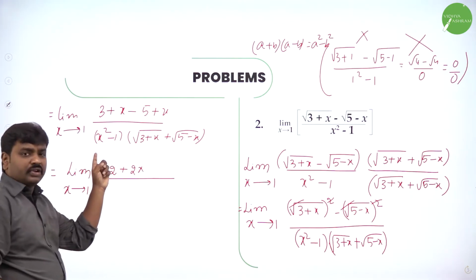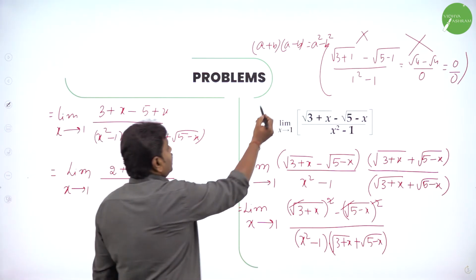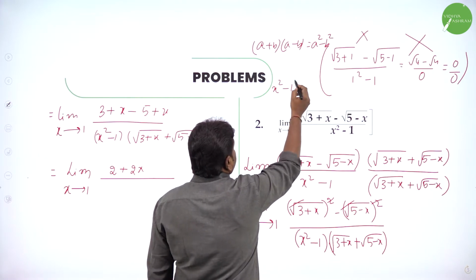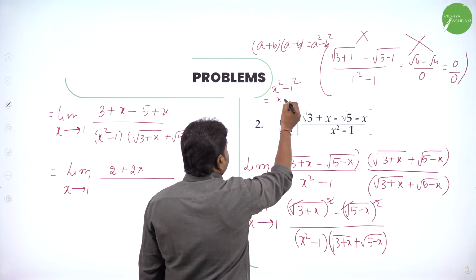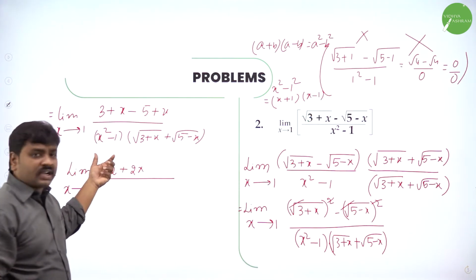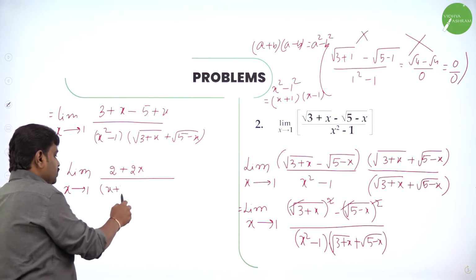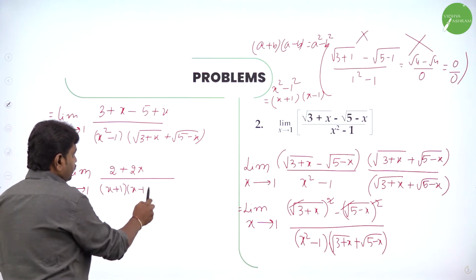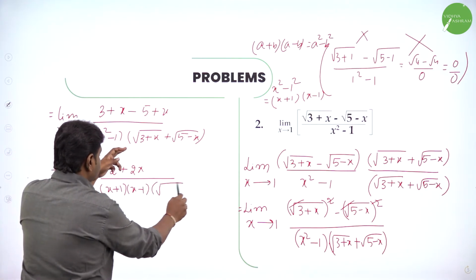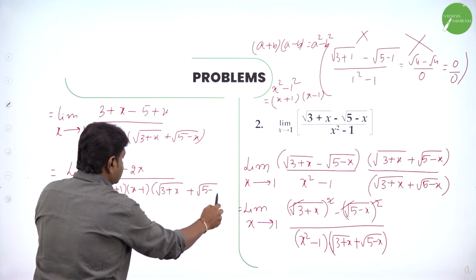Denominator, if you observe carefully, we have x square minus 1, it is in the form of a square minus b square. See, we have x square minus 1, can I write it as 1 square? So further I can write it as x plus 1 into what? x minus 1. So denominator I have x square minus 1, I will write this as x plus 1 into x minus 1, and the remaining part I will retain as it is, that is root of 3 plus x plus root of 5 minus x.